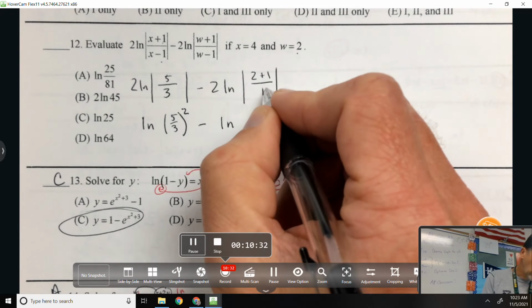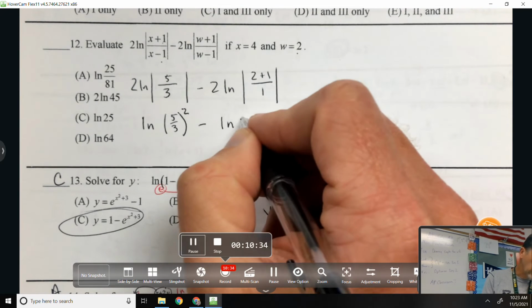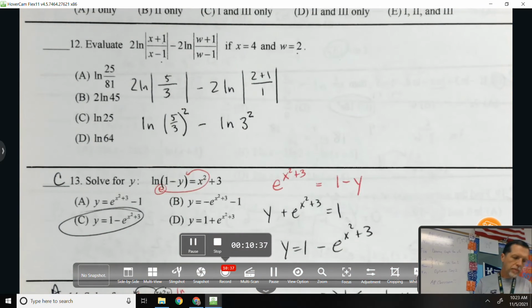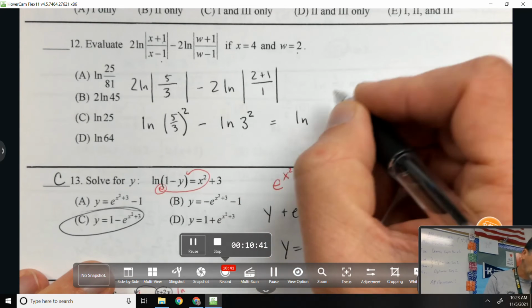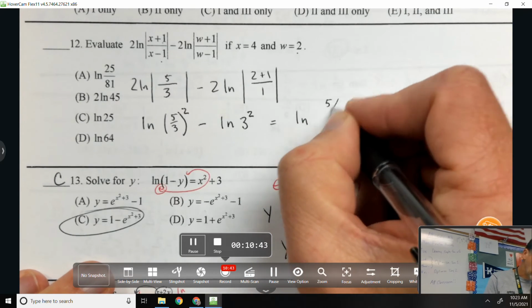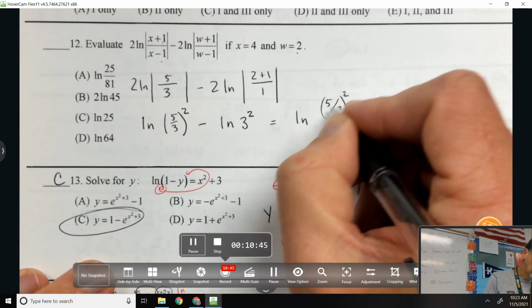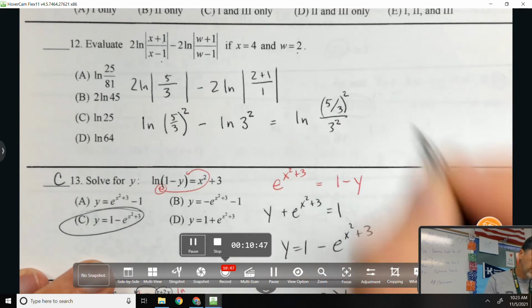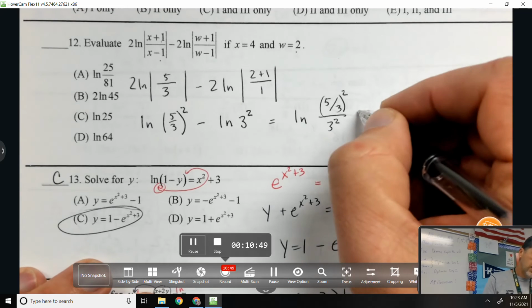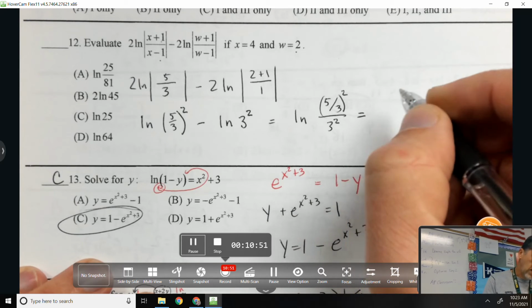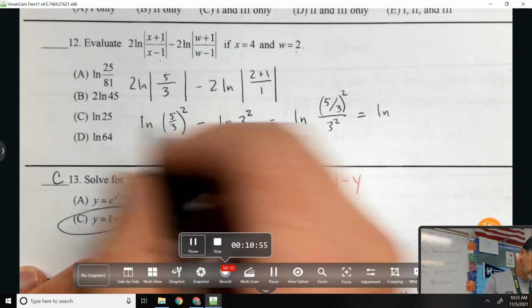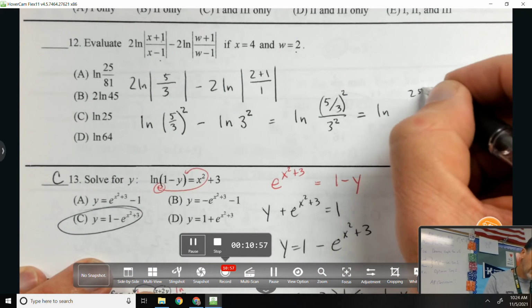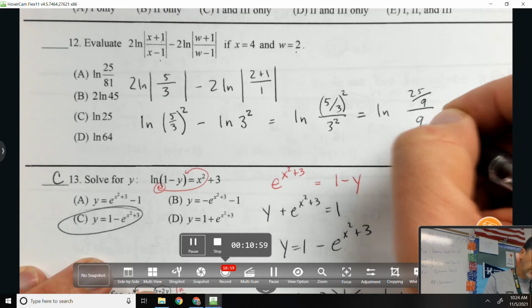Let's see, 2 over, that's 3 over 1. And then I can condense that into 5/3 squared divided by 3 squared. Let's see, 5 squared is 25 over 9 divided by 9.